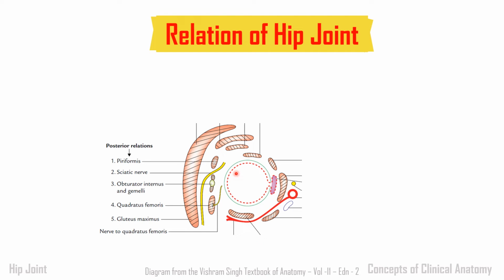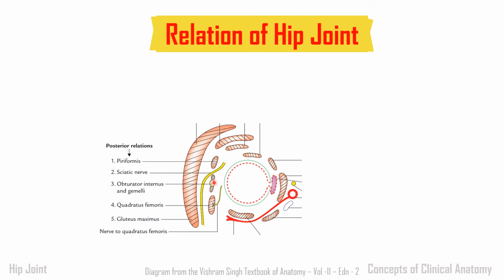First we'll start with the posterior aspect, which is nothing but the structures under cover of gluteus maximus. If you have already read that, then it will be easier. So this is the gluteus maximus. What are the structures under cover of gluteus maximus? That is inferior to the piriformis. Piriformis is the key muscle of the gluteal region. Just below that we have the sciatic nerve, which is the thickest nerve in our body.